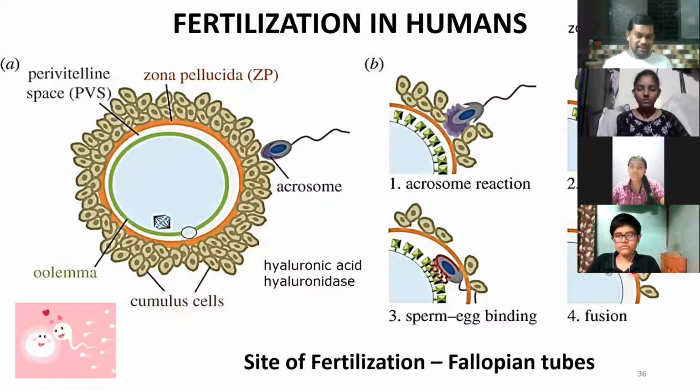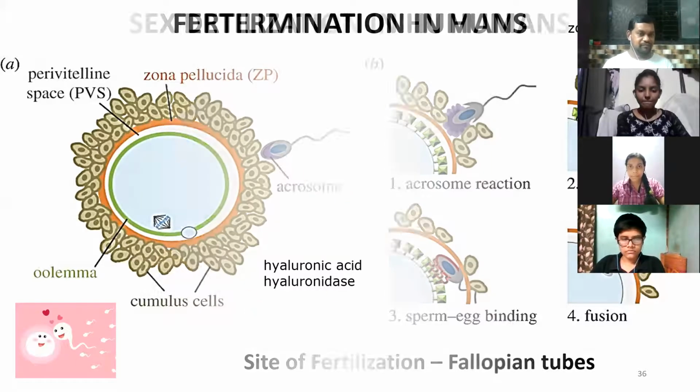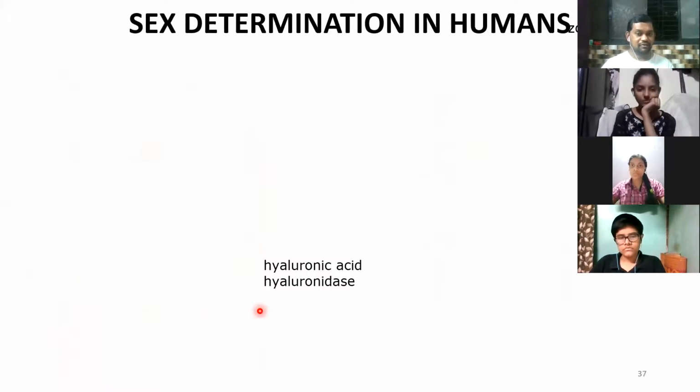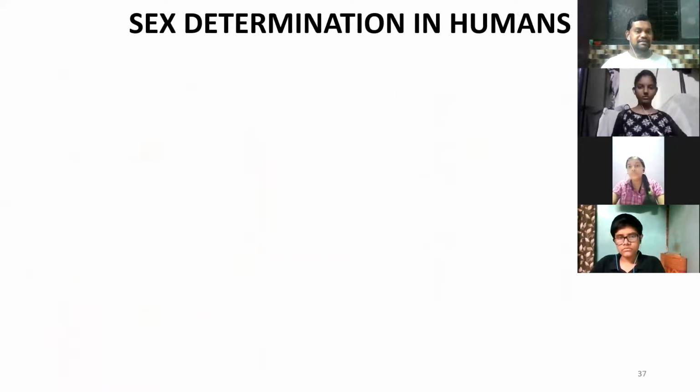Now the next part that we have to see is how, from this diploid zygote, an entirely new human being is produced and how the child delivery process takes place. Correct? So see here, at this point of time, when the sperm is meeting the ovum in fertilization, there is one more thing that happens, and that is the sex determination.